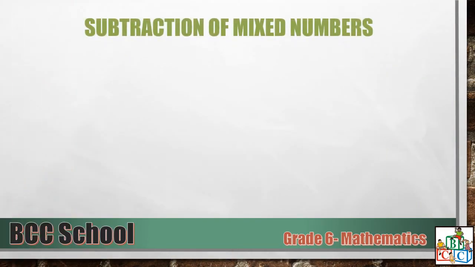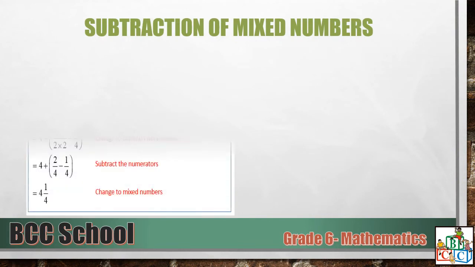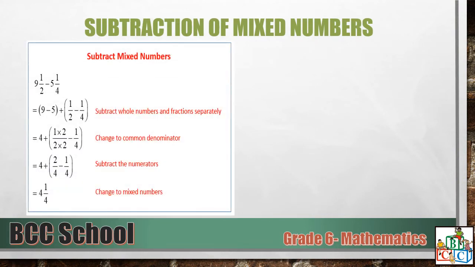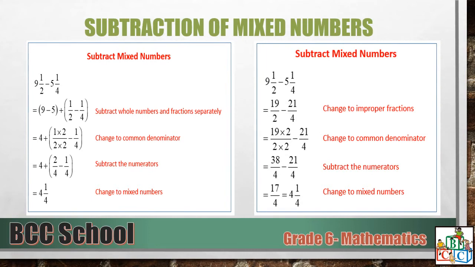Let us move on to subtraction of mixed numbers. The example is 9 1/2 minus 5 1/4. There are two methods. The first method, you will have to subtract the two whole numbers as well as the fractions.